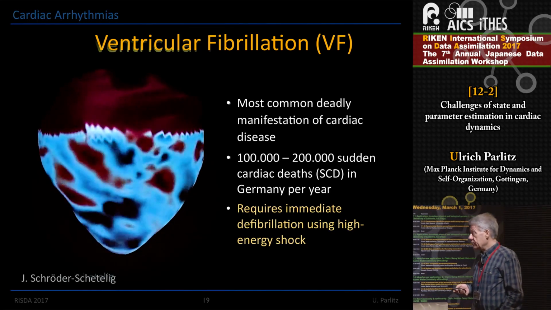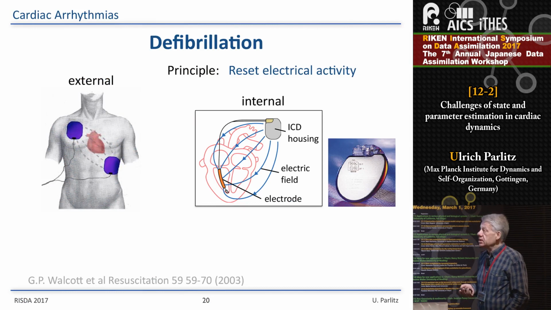And so the only therapy available currently is to apply a strong electric shock. The idea is that you have, for example, here, this is the heart, these are the two paddles. You apply a very strong electric field which sets all the cardiac cells into the resting state. And then after the refractory period, they will be accessible again by the sinus node activity, so the normal heartbeat should start again.